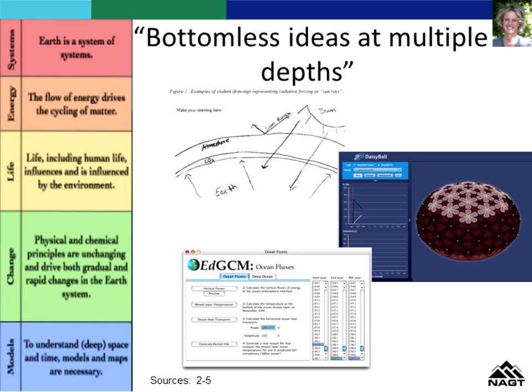There are linkages with physical sciences that drive the changes in our systems. We're connected to life. We influence the environment, and the environment influences us. The flow of energy, and the fact that Earth is a system of systems. These are all very big ideas that would be revisited time and time again at different levels through the grades.